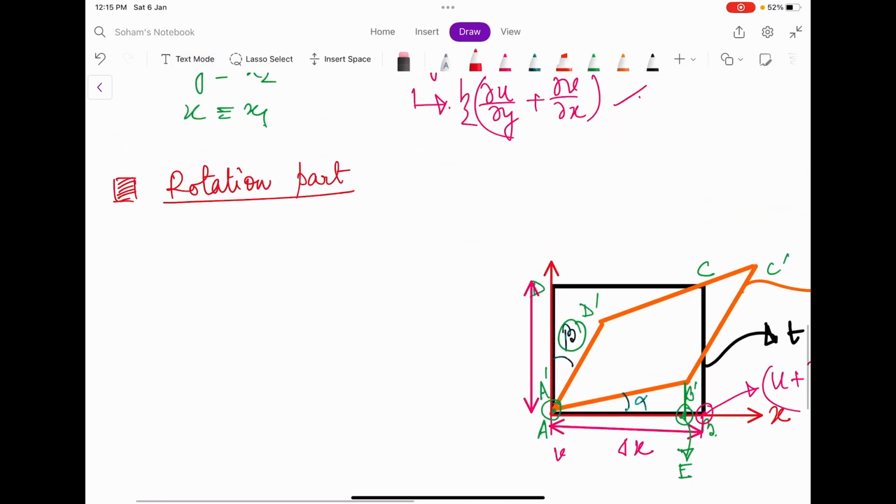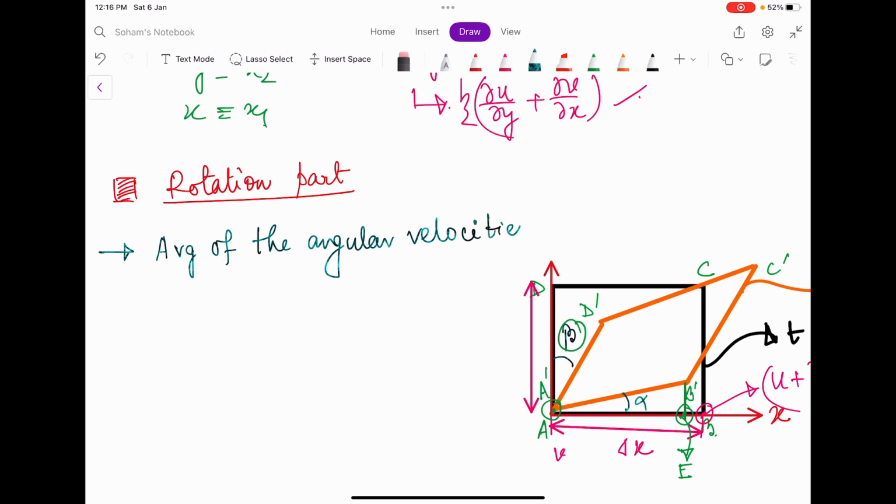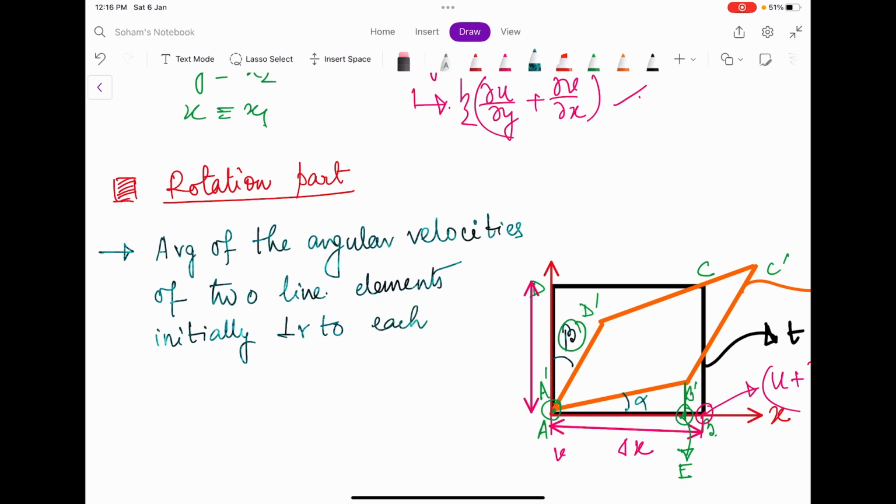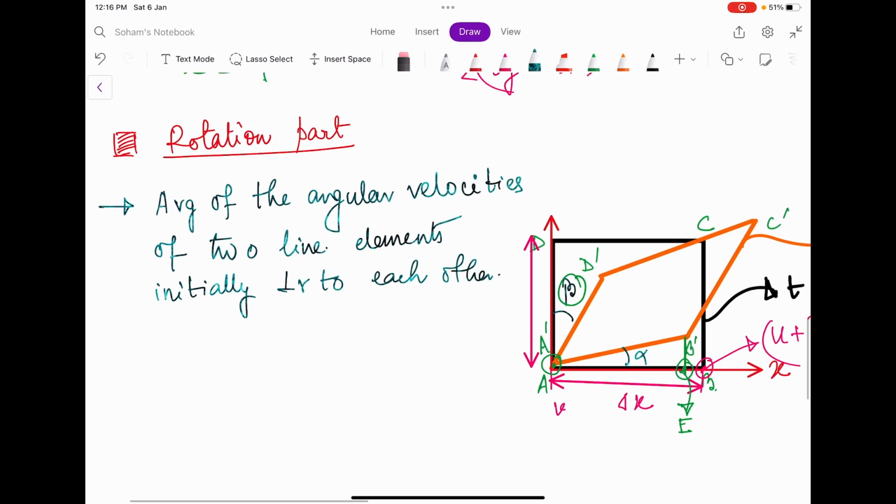For rotation, the measure will be given by the angles alpha and beta, but now the definition is the average of the angular velocities of two line elements initially perpendicular to each other.